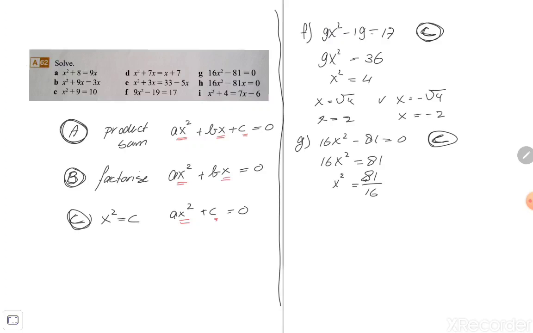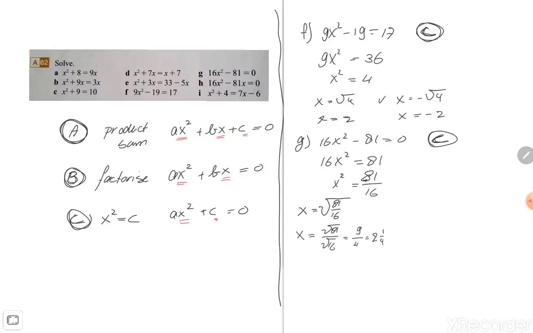Why? Because if I isolate x, then you need to solve it. x is equal to the square root of 81 over 16. That's exactly the same as x is the square root of 81 over the square root of 16. So that's exactly the same as 9 over 4. And if we simplify that one, you get 2 1 over 4.